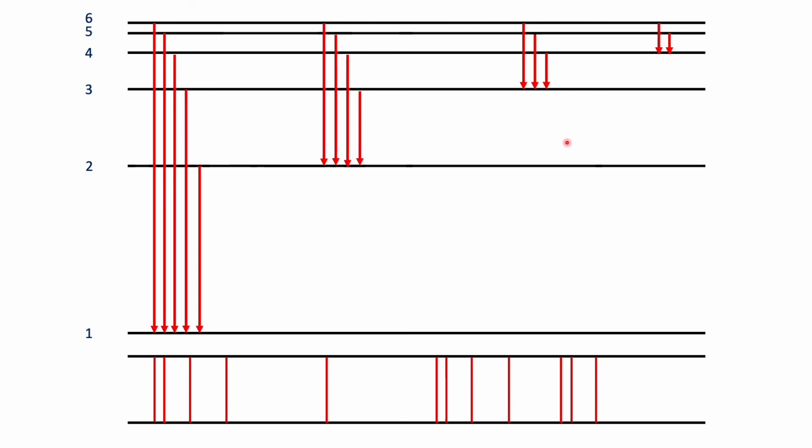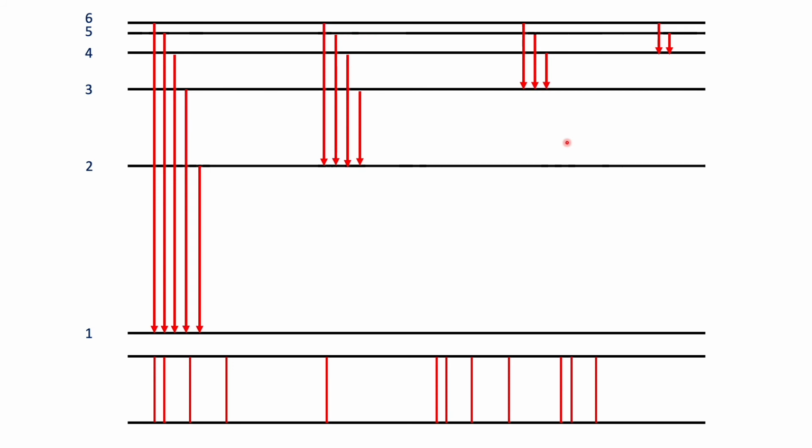As the energy difference between the third and the second energy level is much smaller compared to the energy difference between second and first energy level, the gap between the second and third spectral lines should be smaller than the gap between the first and the second spectral lines.